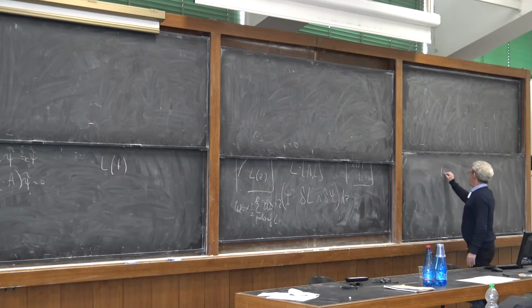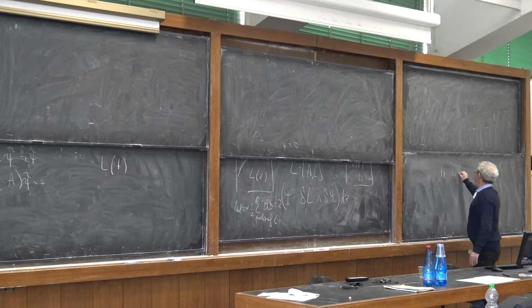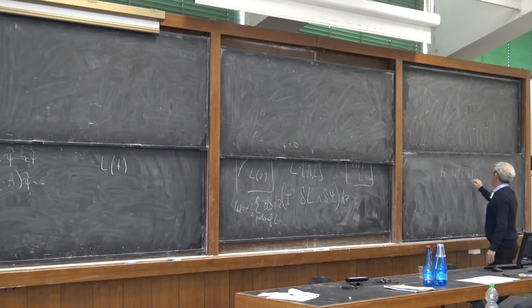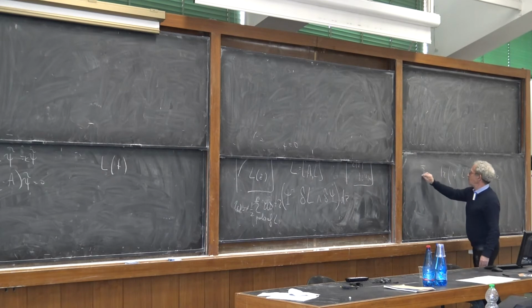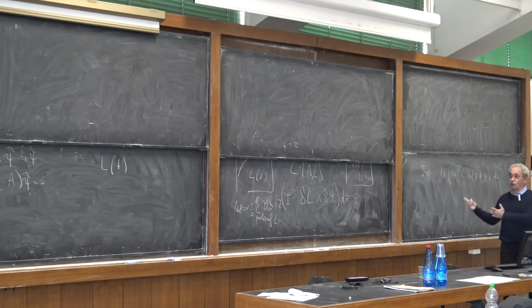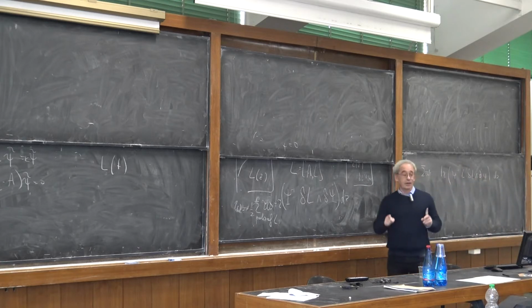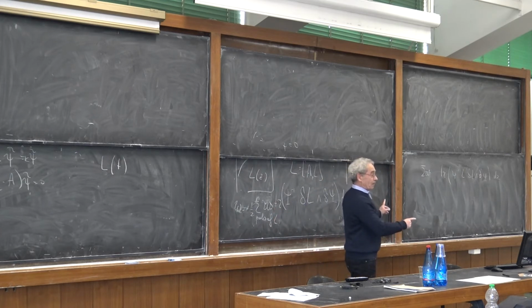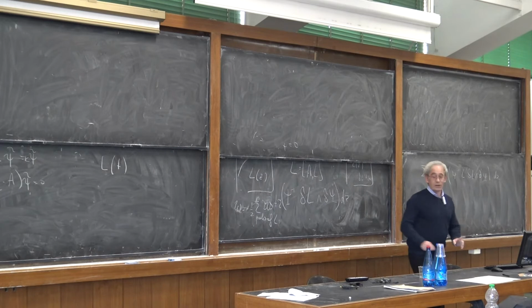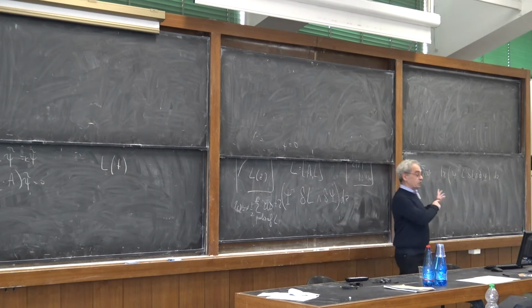You write trace psi inverse L inverse delta L, delta psi, dz, sum of residues, the same. So this is just two ways of looking at a matrix. It turns out that the same equations are Hamiltonian with respect to both of them. One is a linear form, the other is a quadratic form.